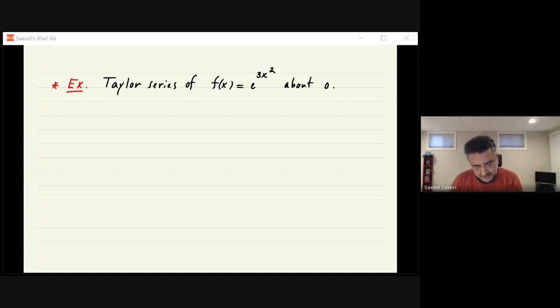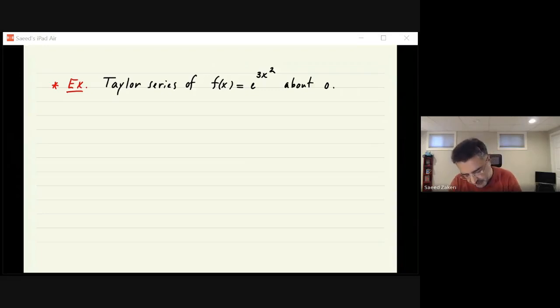Much better method. Use the fact that this guy is some form of an exponential function. It's just e to the x in which I have replaced x with 3x squared. So why not take the Taylor series of e to the x, and everywhere, instead of x, I plug in 3x squared.